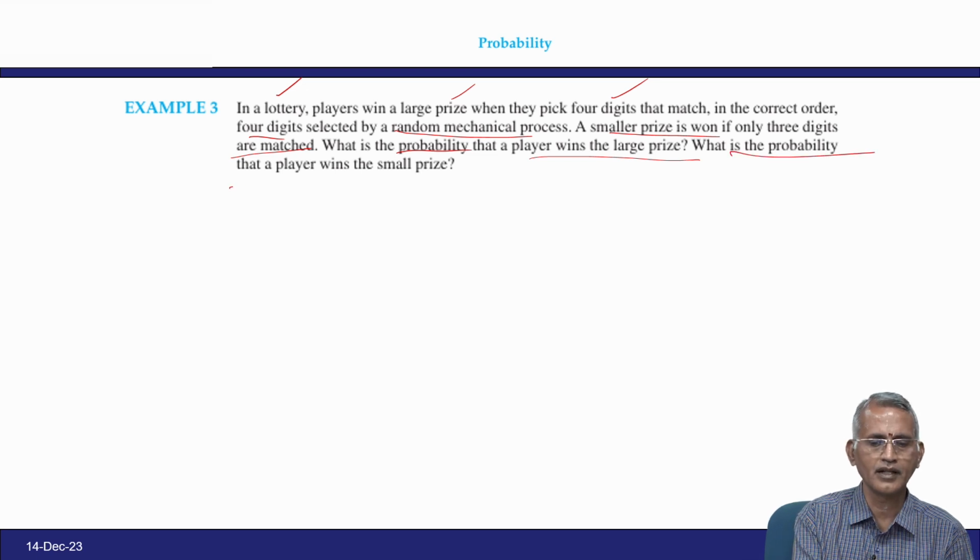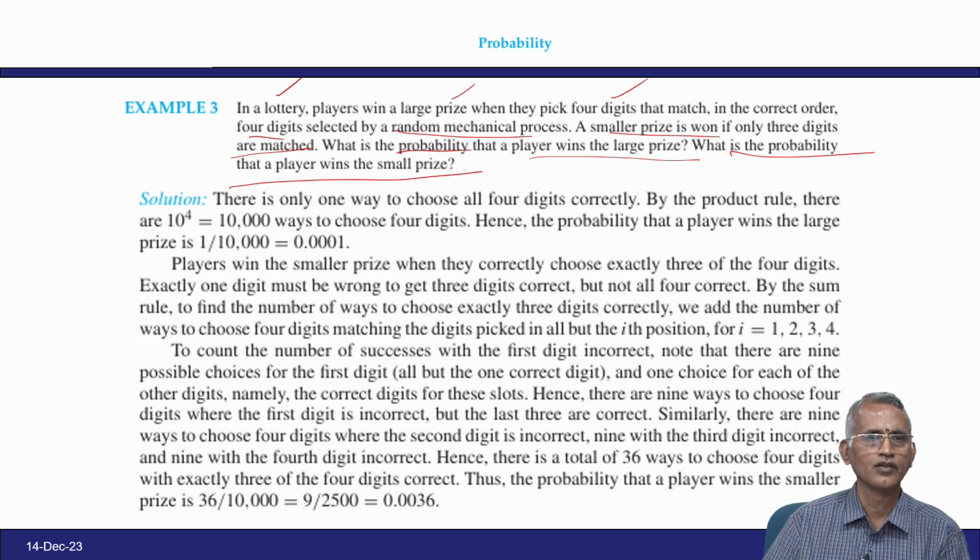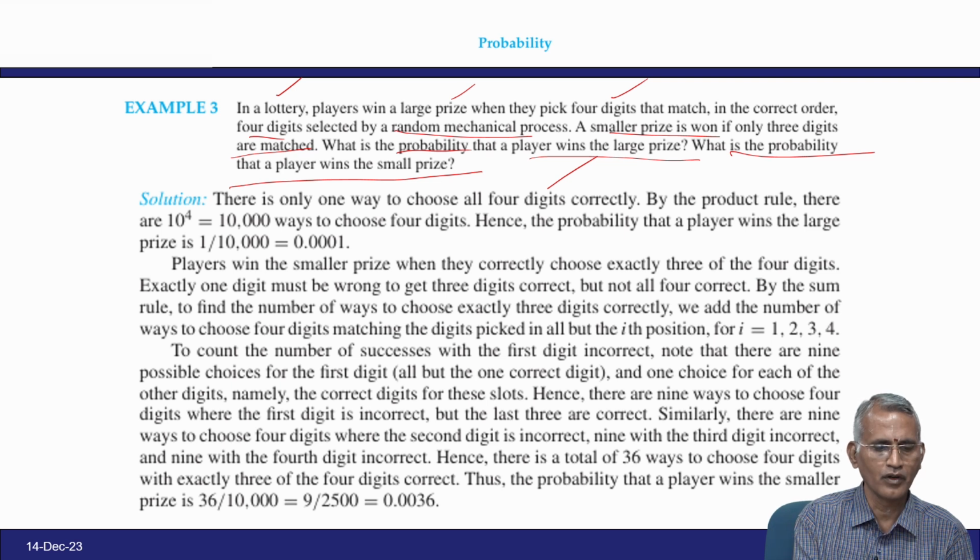What is the probability that a player wins a small prize? So, this is the question. Now, the solution: there is only one way to choose all 4 digits correctly. By the product rule, there are 10 power 4 equal to 10,000 ways to choose the 4 digits. Hence, the probability that a player wins the large prize is 1 by 10,000.